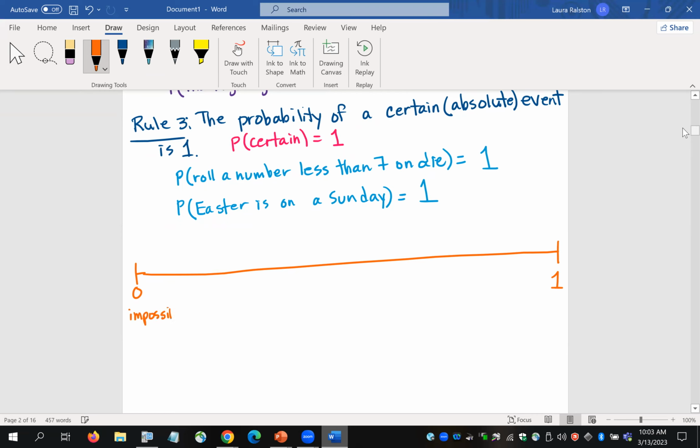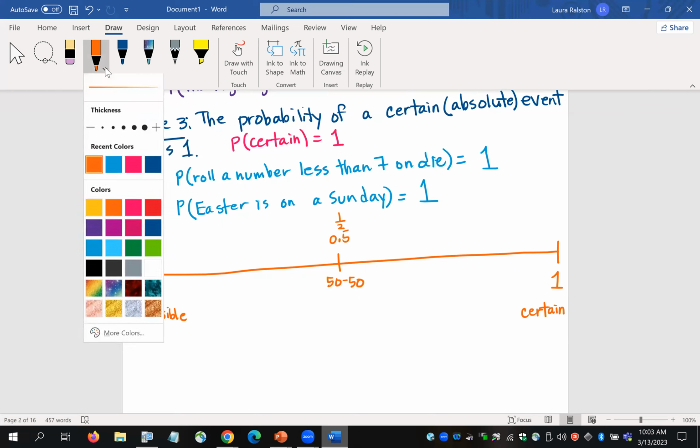No way, no how is it happening. 1 means the event is certain. It's definitely, without a doubt, going to happen. And then I can have any value in between. So halfway would be our 0.5 or 1/2 or our 50-50 mark. And so we can have any decimal value in between.